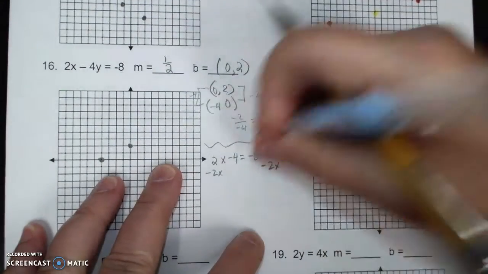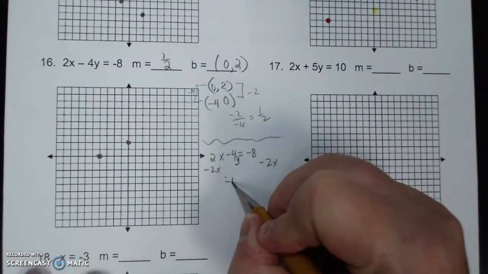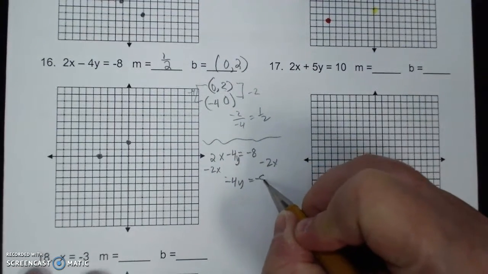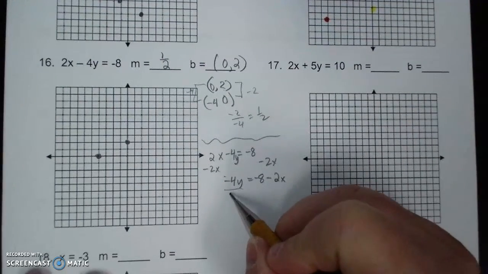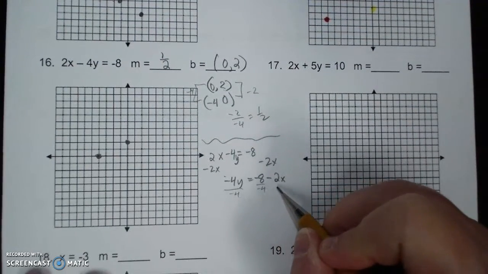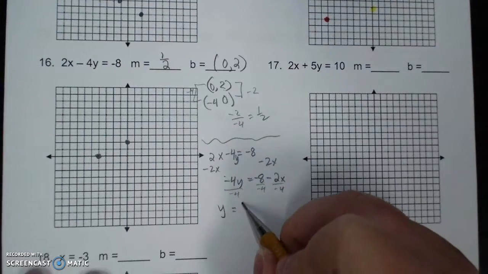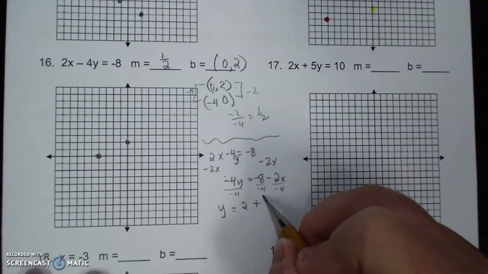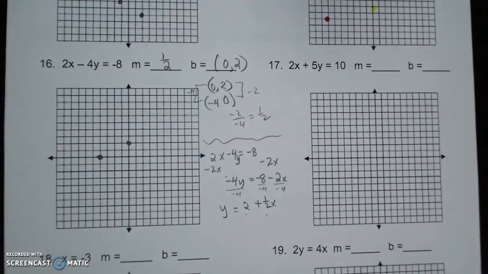I want it hanging off because I can't combine them. Negative 4y equals negative 8 minus 2x. Divide everybody by negative 4. Y equals 2 plus 1/2 x, where here's my slope and here's my y-intercept. You can do them either way.